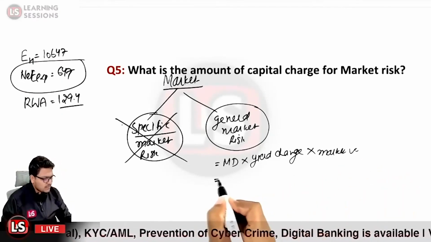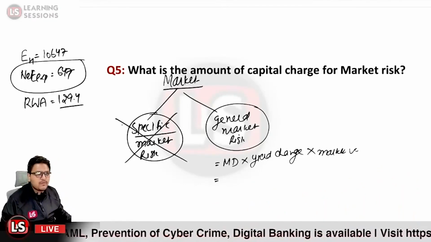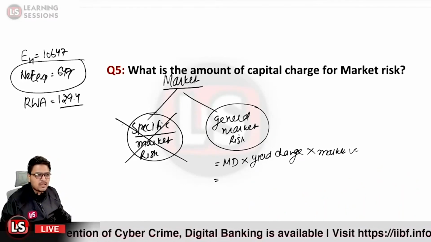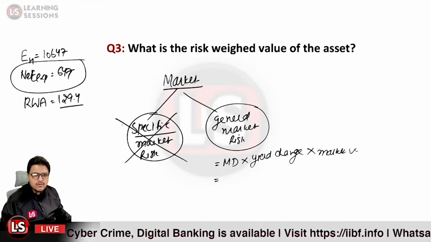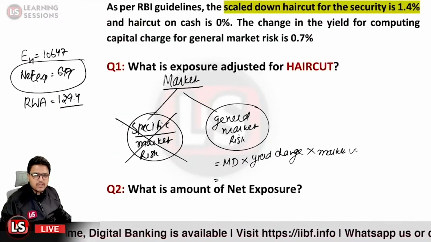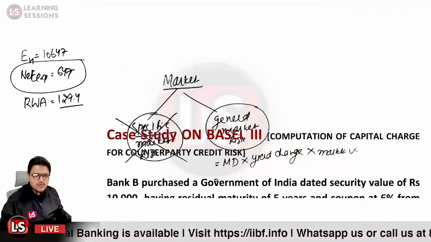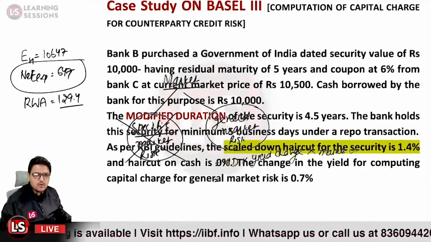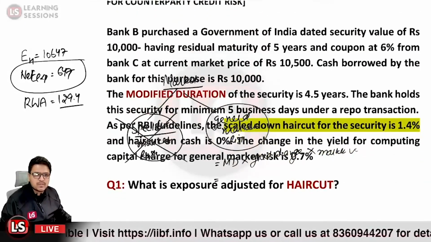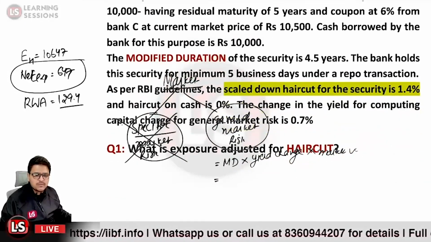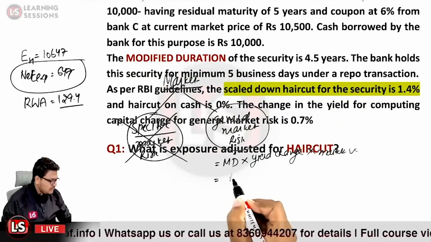Okay, so that will be the formula. If we look at the question itself, we are already provided with the modified duration, which is given to be 4.5 years.